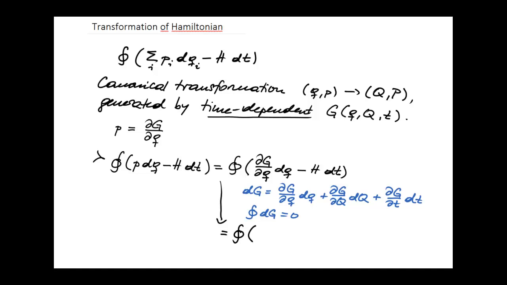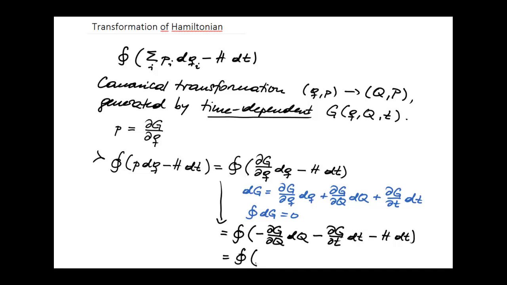The loop integral over the dg vanishes, and all we have is minus partial g with respect to capital Q dQ minus partial g with respect to time dt minus Hamilton function dt.